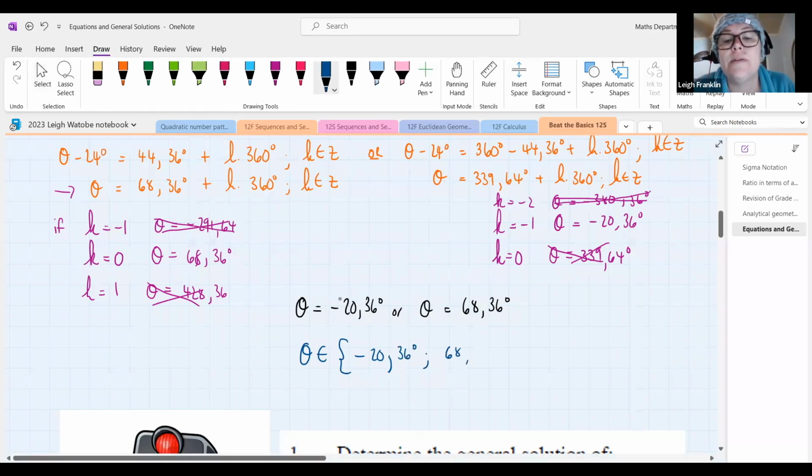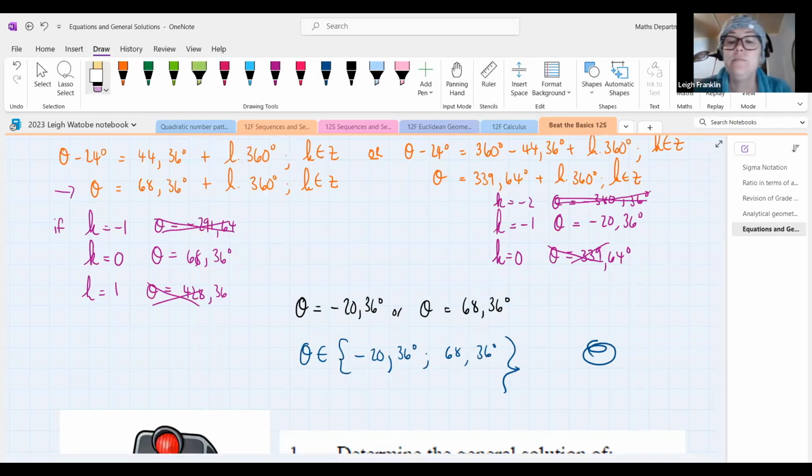And then here would be 68.36. Ugh, stupid mouse. I don't know why it doesn't want to give me my bracket there. Okay, so you can do that too if you want to, Pinga.